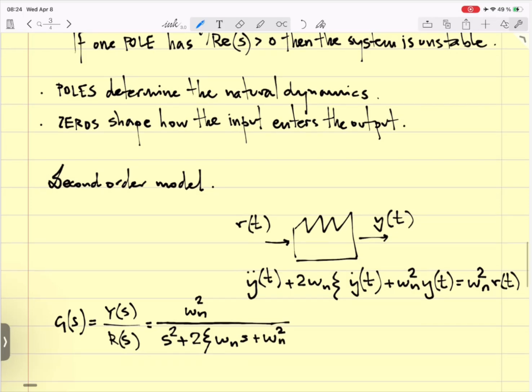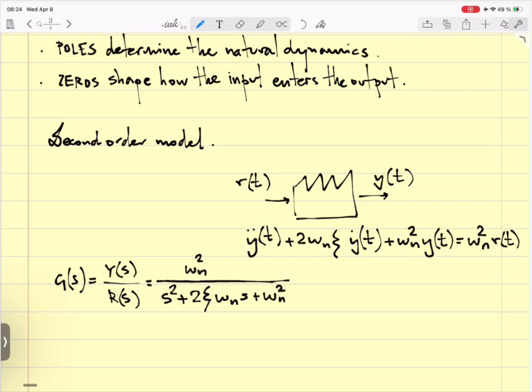Okay, as we have seen in previous lectures, the damping classification appears.